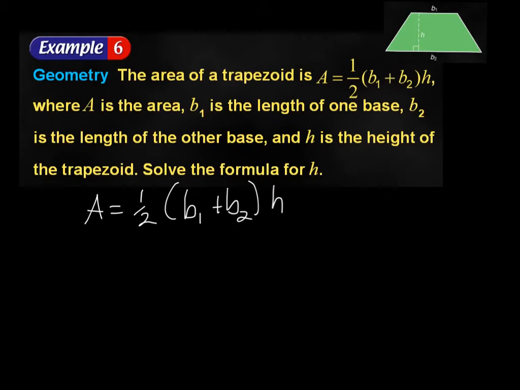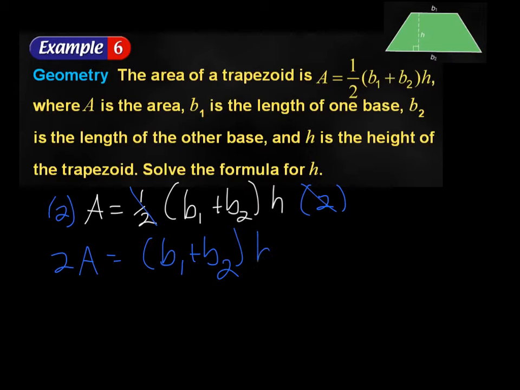Okay, so my goal is to get H on one side of the equation by itself. So to undo times 1/2, I'm going to multiply both sides of the equation by 2. So I have 2a equals, the 1/2 and the 2 canceled out, so now all I have left is b sub 1 plus b sub 2 times h. Now my goal is to get h by itself.